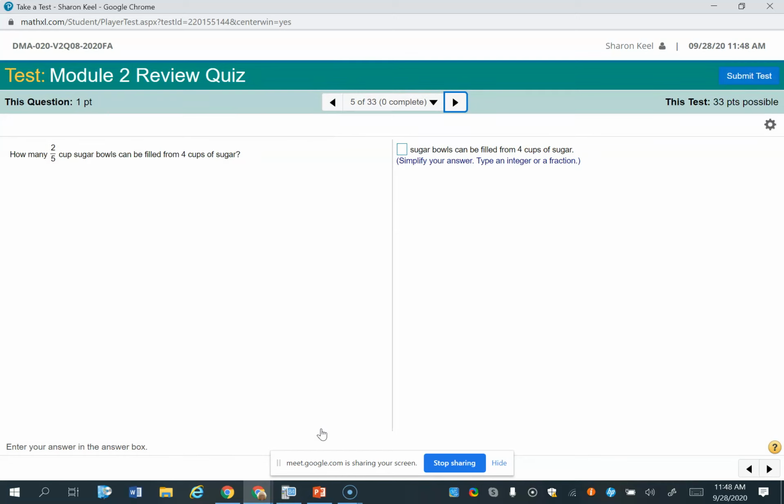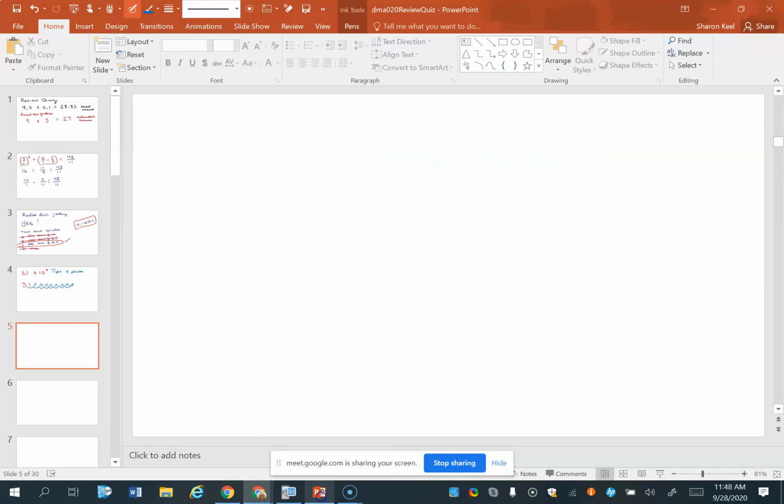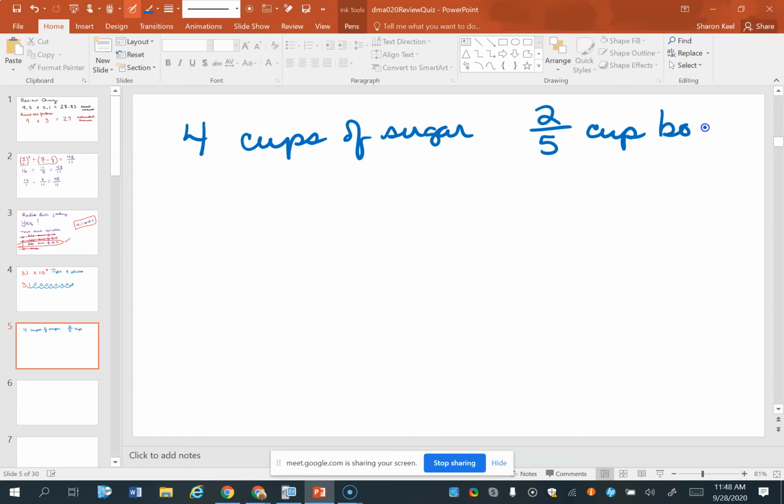How many 2/5 cup sugar bowls can be filled from 4 cups of sugar? So we have 4 cups of sugar, and we have a 2/5 cup bowl.